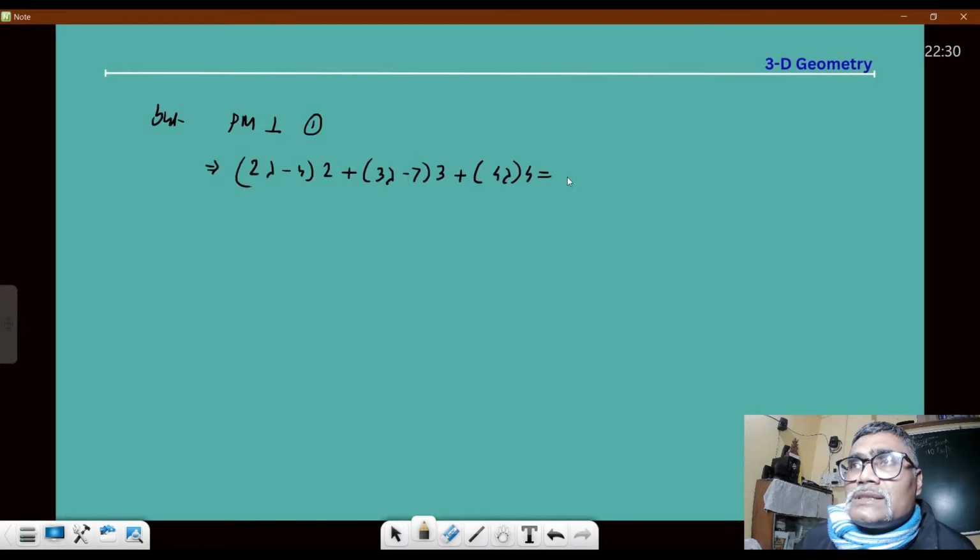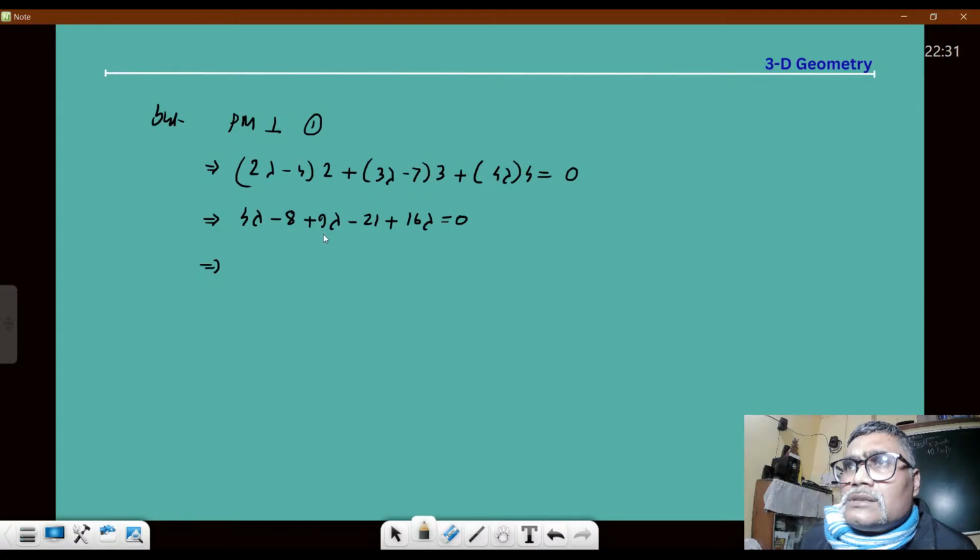This together makes it 0. So now from here I have to find the lambda. Don't be in a hurry to find this. Otherwise, one small mistake can be very dangerous for you during the exam.